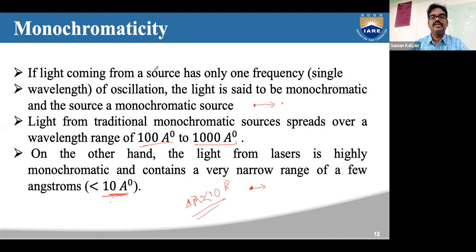That's why we say the laser beam produced is monochromatic light, not the laser itself, because the laser is a source that generates light, not the light itself. These are the characteristics of the laser.